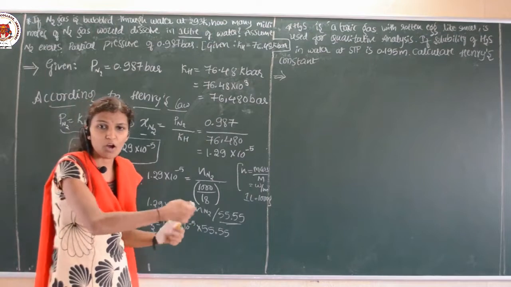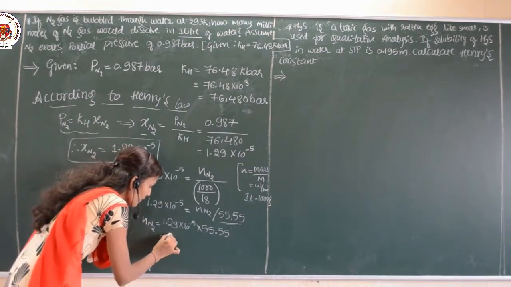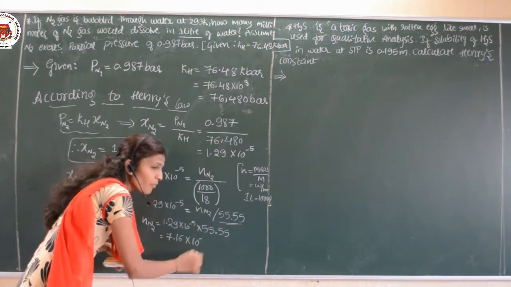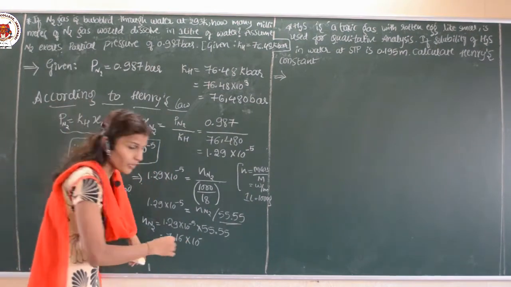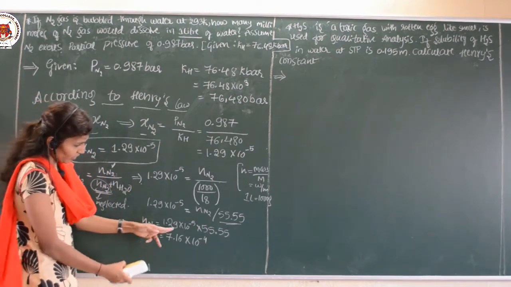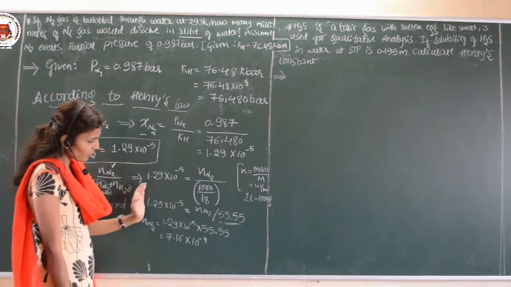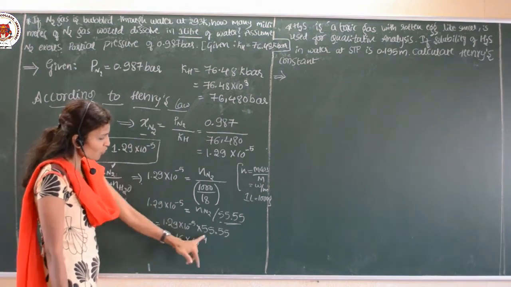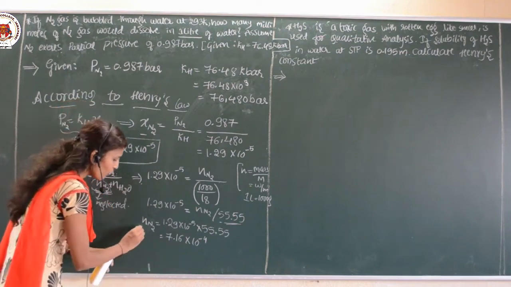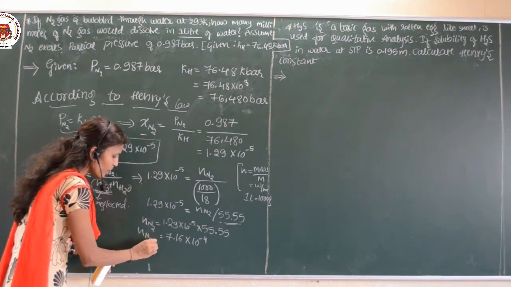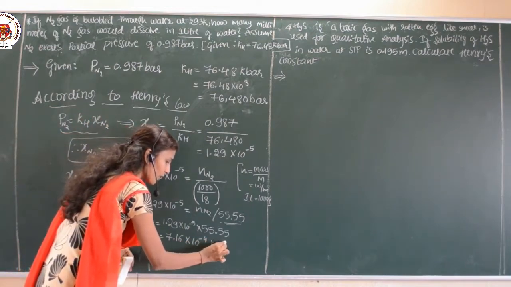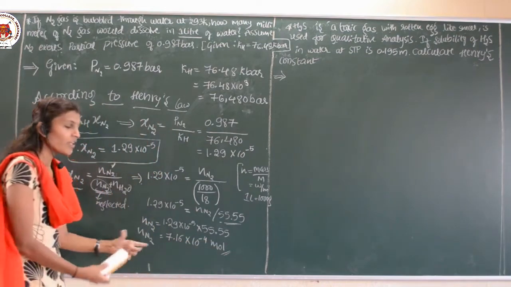When I multiply all this, you are going to get 7.16 into 10 to the power minus 4 as the answer. So the value, when you calculate, will be in terms of 10 to the power minus 4. This is the number of moles of nitrogen.